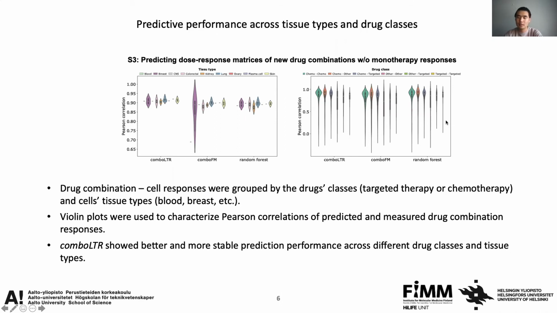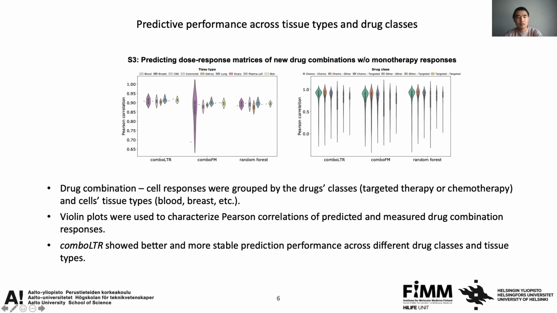To further evaluate the predictive performance, we investigated the Pearson correlations separated for drug pairs in different drug classes and cell lines from different tissue types. The drug combination cell responses are grouped by their drug classes, whether the drugs are targeted therapies or chemotherapies, and by the cell's tissue types, whether the cell is from blood or breast. The two violin plots showed the Pearson correlations of predicted and measured combination responses in each tissue type and drug class for the most challenging S3 prediction scenario.